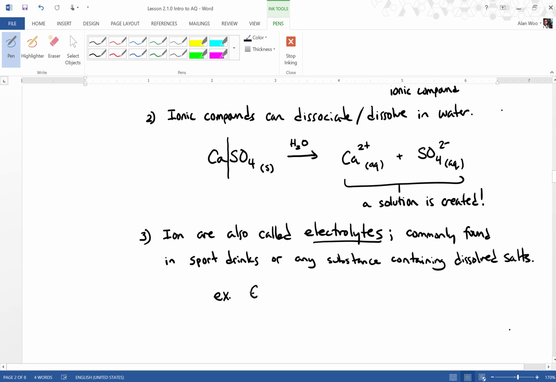So for example, Gatorade contains Na+ ions, as well as potassium ions.